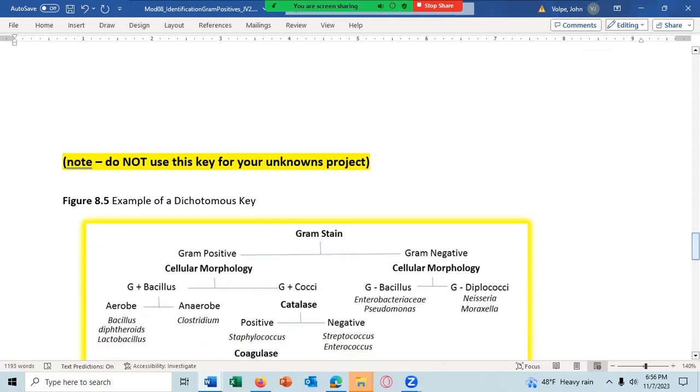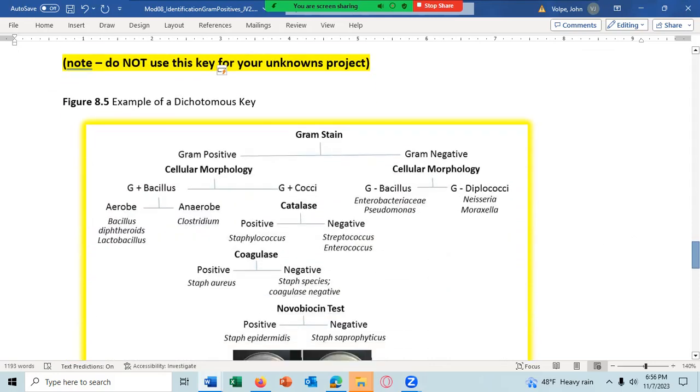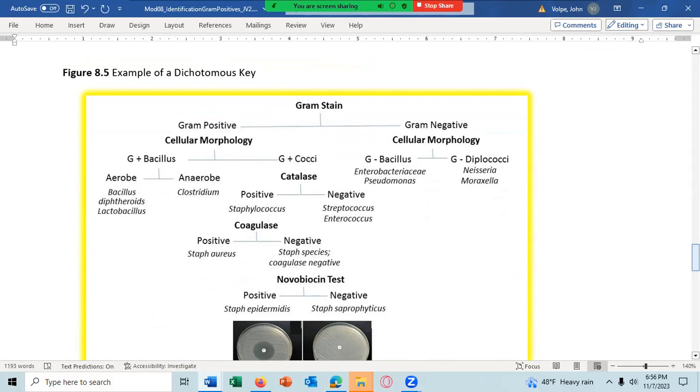Do not use this dichotomous key for your unknown project. Only use this dichotomous key for this lab, and do not use any other dichotomous key for this lab. So first we can take our bacteria and do the gram stain. If it's gram positive, it goes this way, and if it's gram negative, it goes that way.